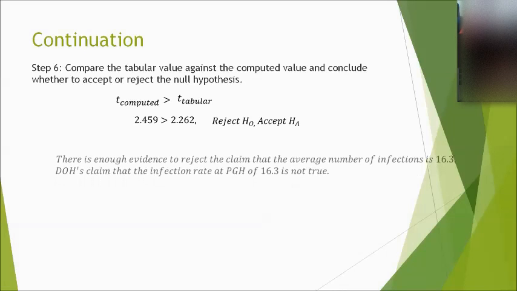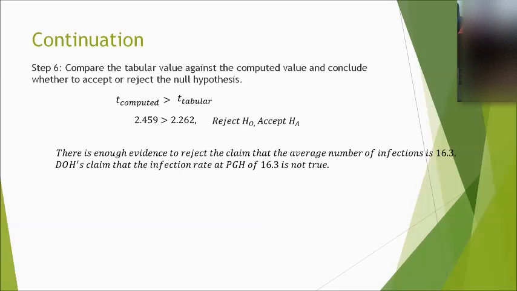Therefore, there is enough evidence to reject the claim that the average number of infections is 16.3. The DOH claim that the infection rate at PGH of 16.3 is not true. Okay?